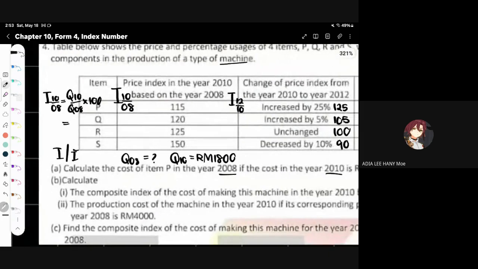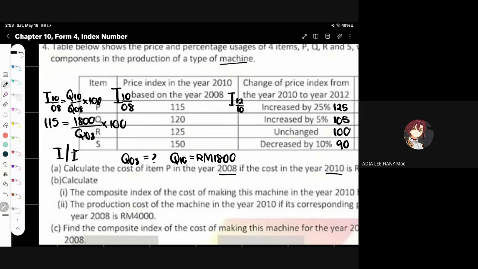So they say about P. They say Q10 is 1800. They don't give Q08 times 100, but we know this value already, because they give it inside the table here. So it should be 115.